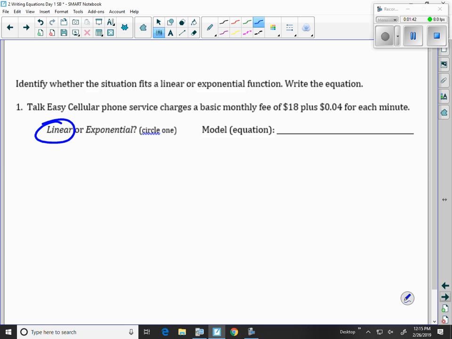You're adding something each time. You're not multiplying something each time. Exponential will be when there's a multiplication pattern. So this would be y equals, what's my slope? 0.04 x plus the initial charge of 18.